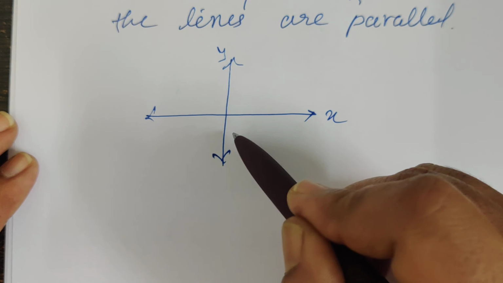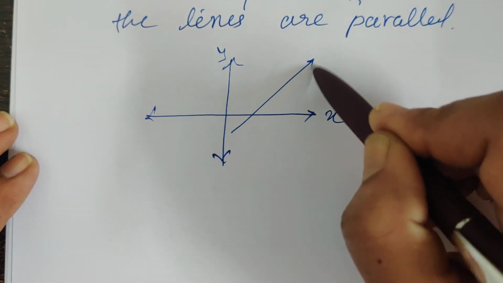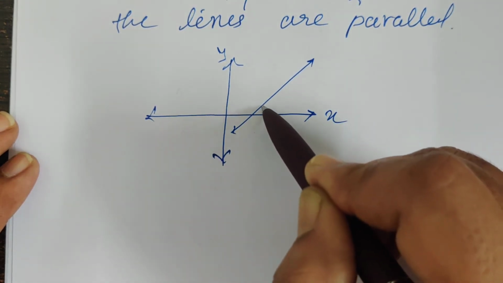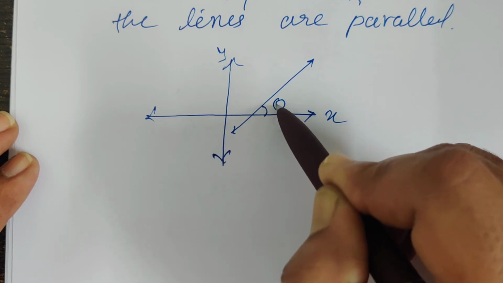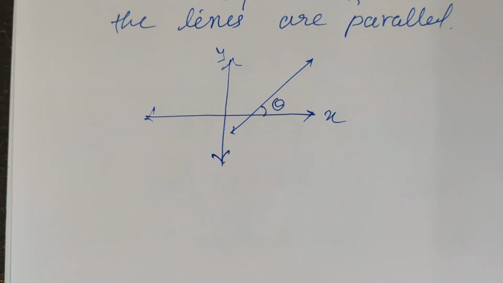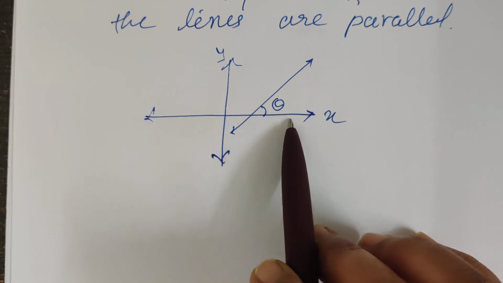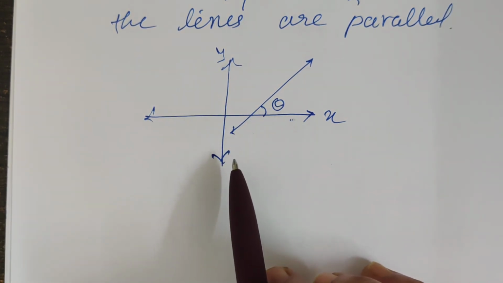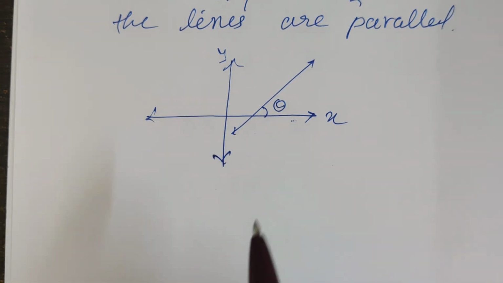When the line is intersecting the x-axis and making an angle theta with the x-axis, then in the figure, the line L makes an angle theta with the positive direction of the x-axis, and so the slope of the line L is equal to tan theta.